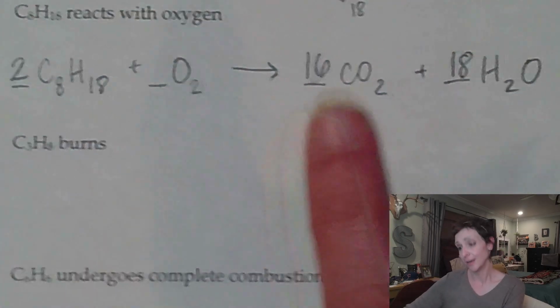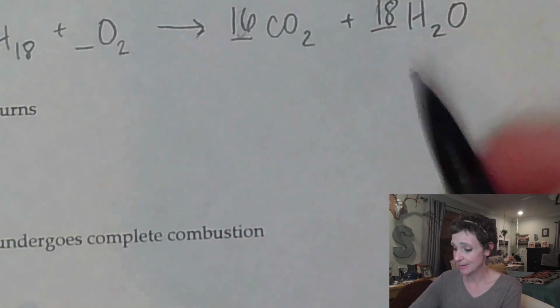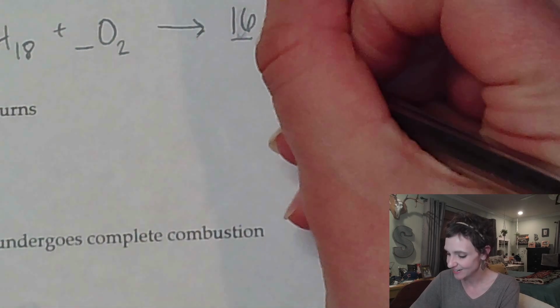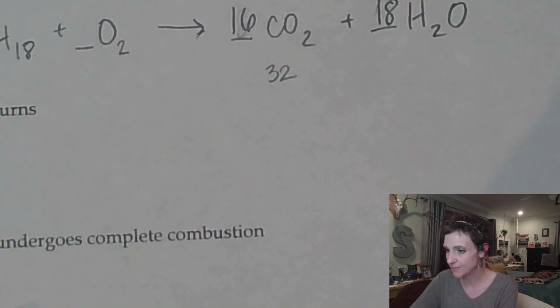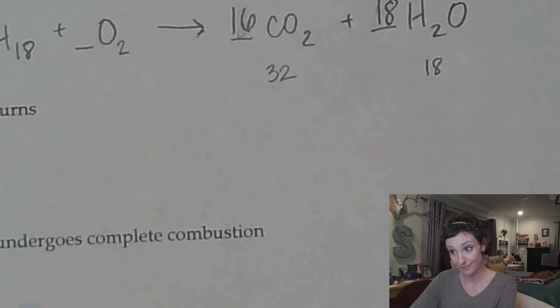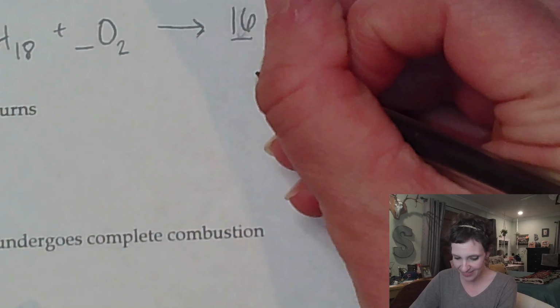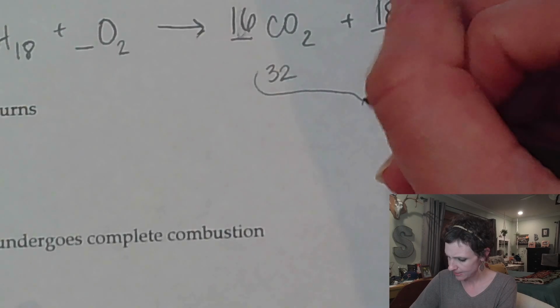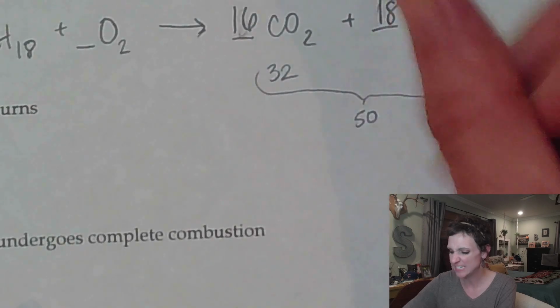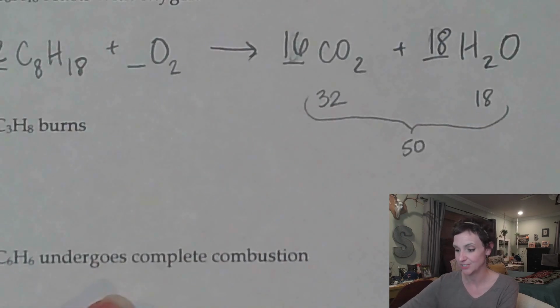Now we got a lot of oxygens here. We have 16 times 2. I'm going to have to write this out. 16 times 2 gives you 32 oxygens from this guy. And then 18 gives me 18 from this guy. So my total on this end, right, is 32 plus 18. I'm hoping that gives us 50 total oxygens.